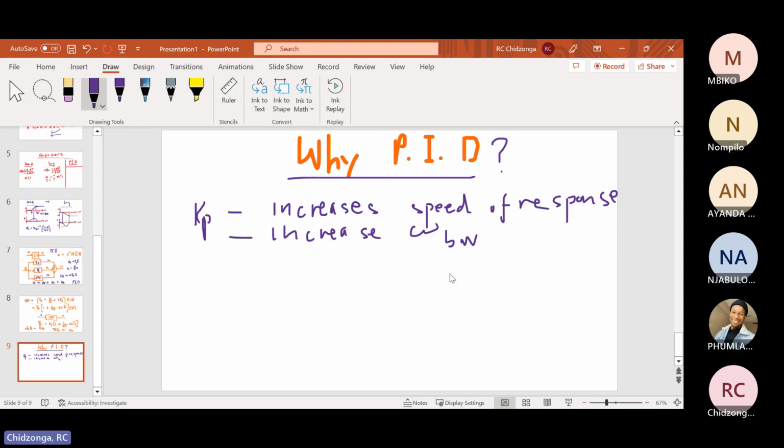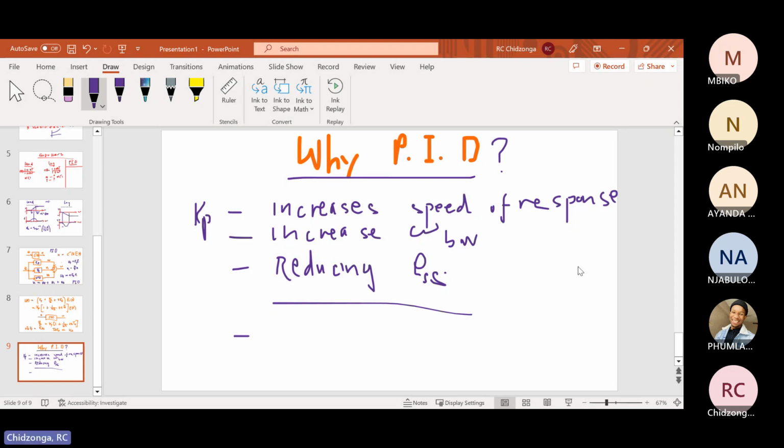I'm writing in a short way, the system bandwidth. The P controller also has a property of reducing the steady-state error. But these are the advantages. It has disadvantages, right? The disadvantages can outweigh the benefits depending on how you set the value of K.